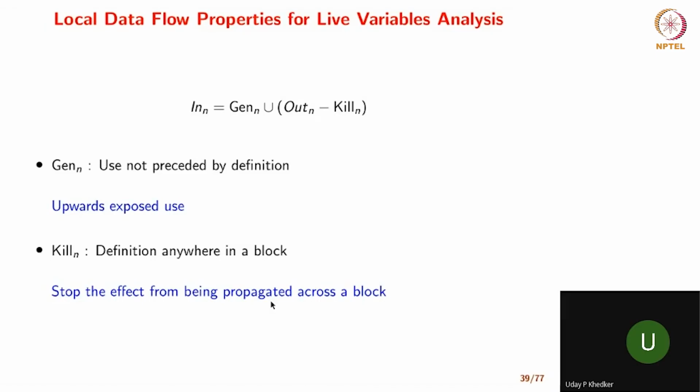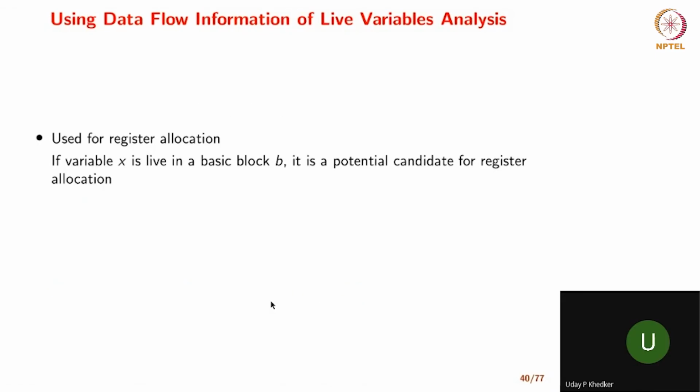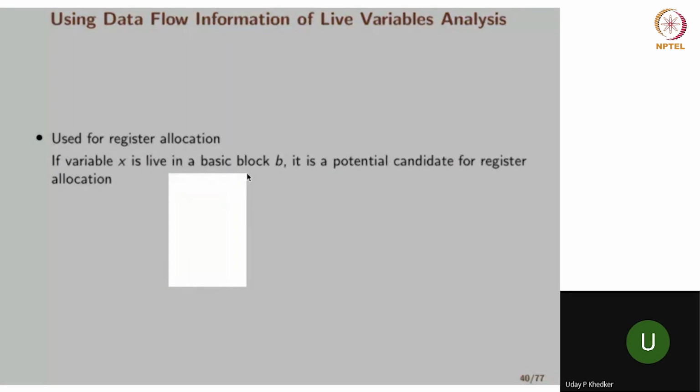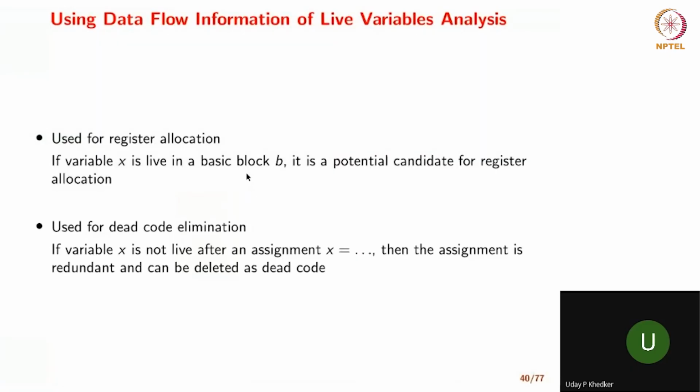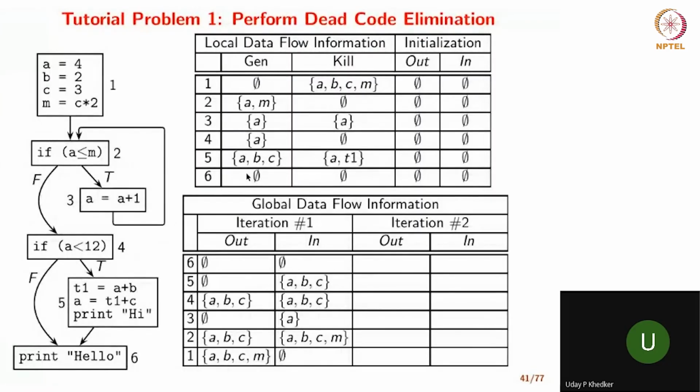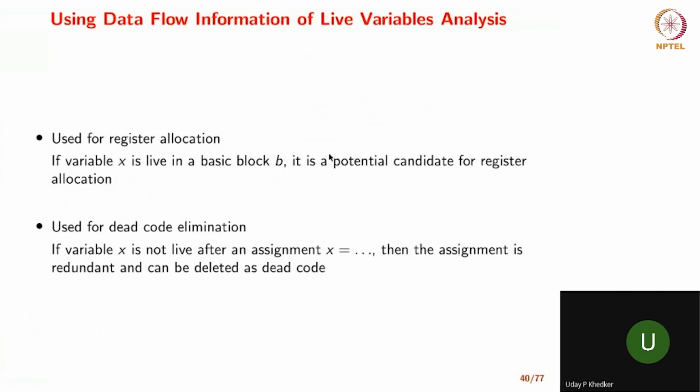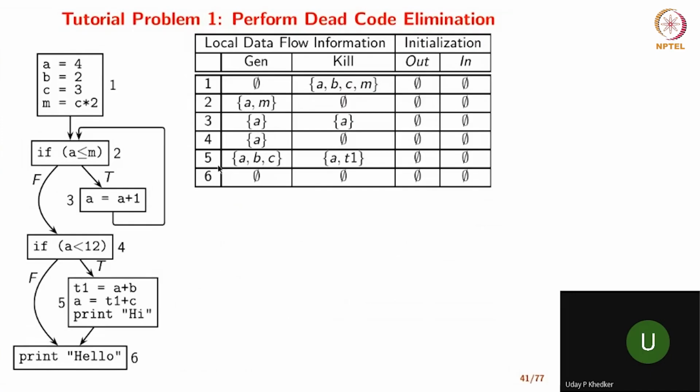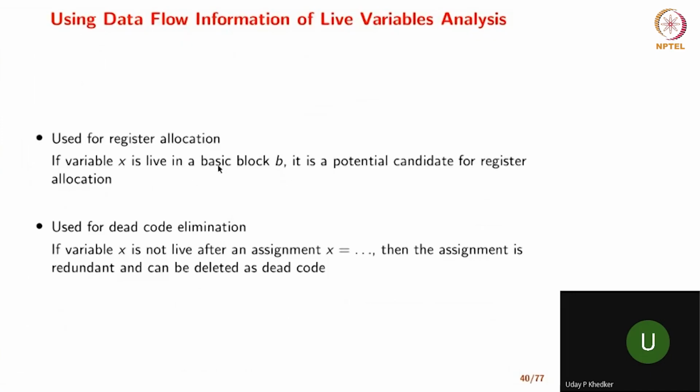And how can we use it? What can we use it for? We can use it for register allocation. For example, if a variable X is live at the exit of a basic block B, then it is a candidate for register allocation, because it essentially means the variable contains a value that is useful.